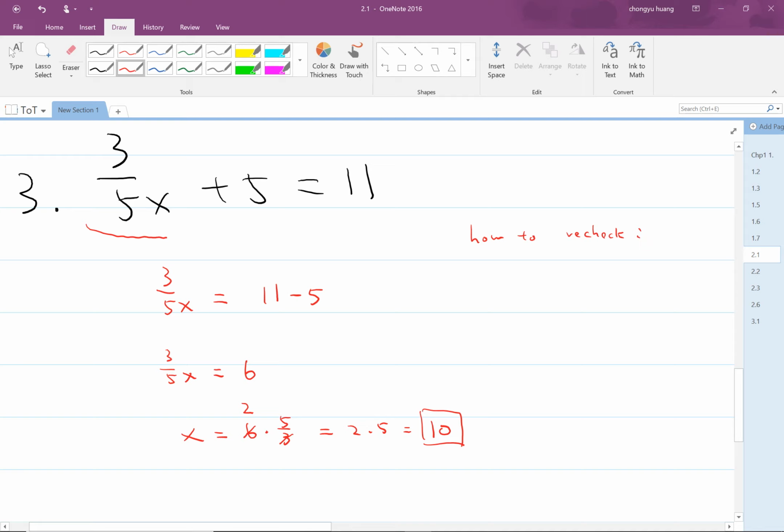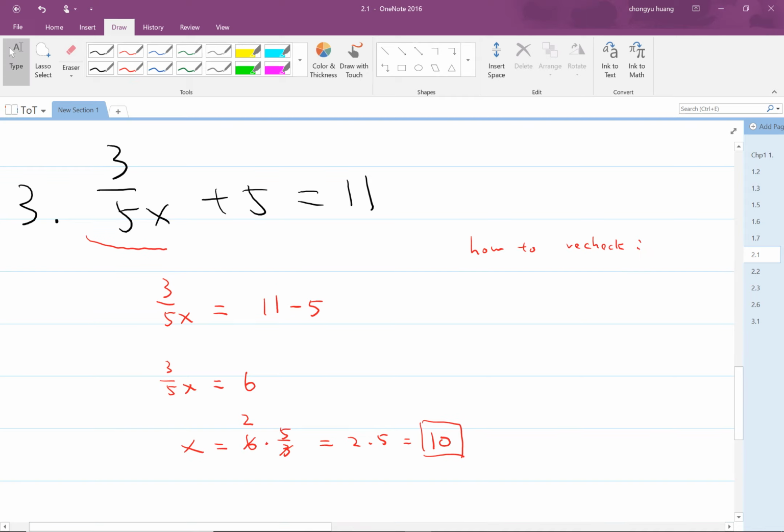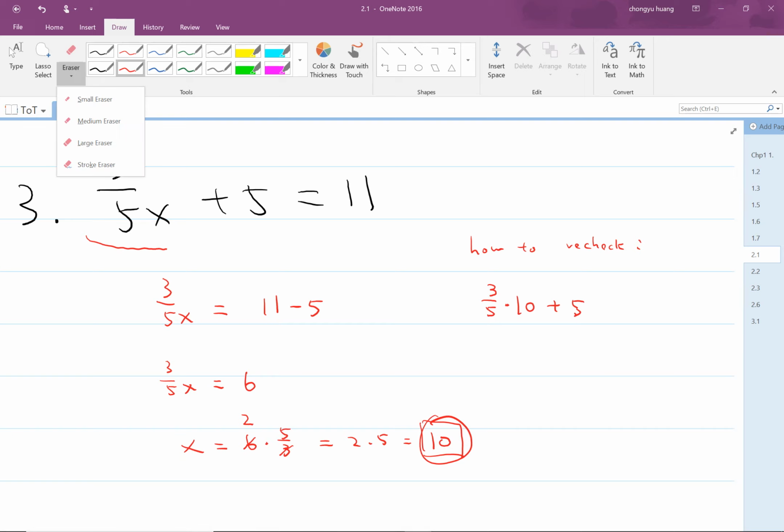The way you recheck is just plugging x equals 10 back into the equation. So you have 3 over 5, and the x over here is 10, so you multiply by 10, and then you plus 5, right?